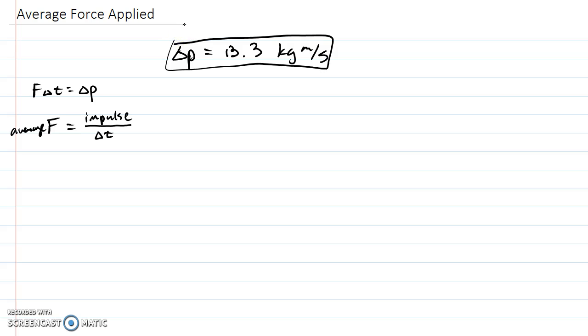the amount of newtons that's being applied on this ball during that hit. And so you can put the impulse on top, which would be about 13.3. And then what you need to know is the change in time that it takes for the bat to hit the ball.